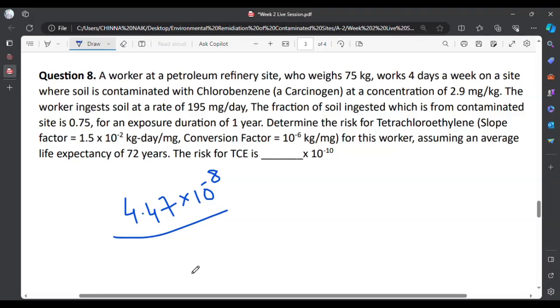Okay, and then just calculate the risk. How will you calculate risk? Intake into slope factor. That's it.